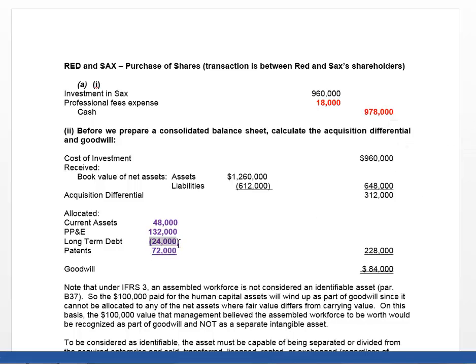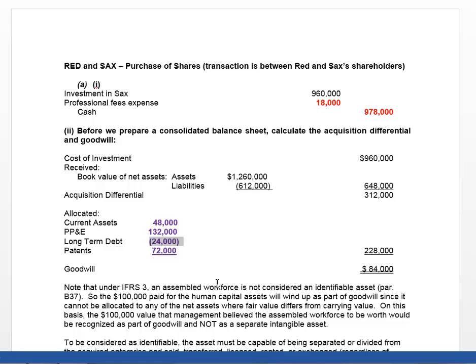Now on the liability side, in this case, the liabilities in Red's estimation are worth more. Saks has the liabilities valued at $360,000, but Red thinks they're worth $24,000 more. That is $384,000. So that's a higher number, but that's also reduced value or an increased obligation that Red is taking on.